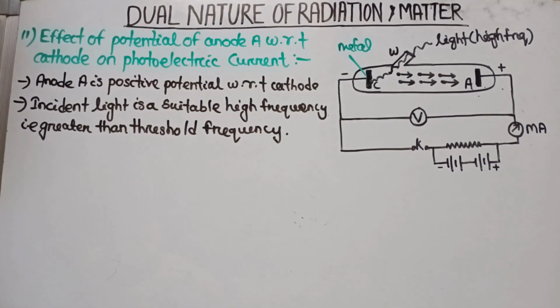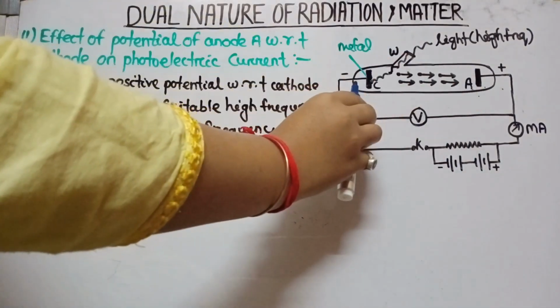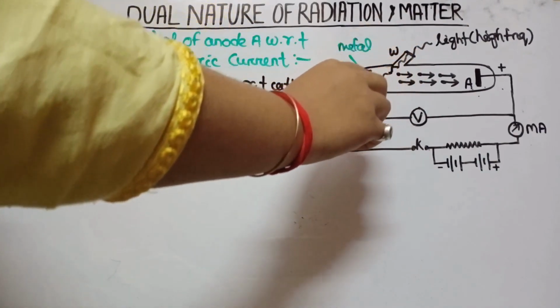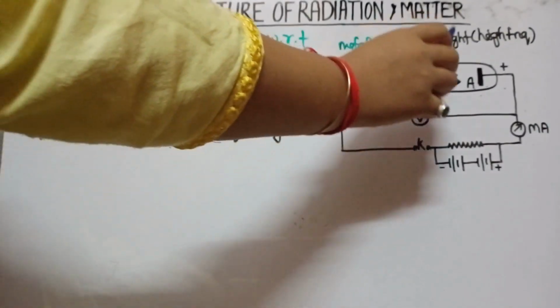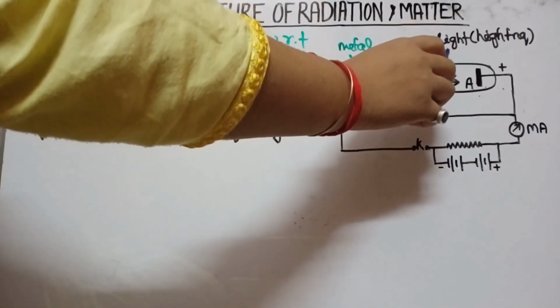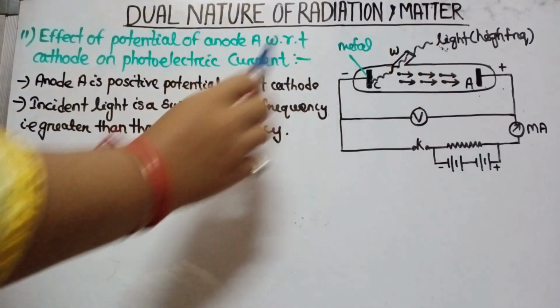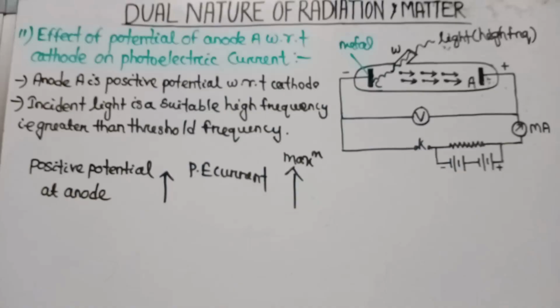That means here also we consider that anode is at positive potential with respect to cathode, and the incident light is of suitable high frequency. That means the incident light frequency is greater than the threshold frequency.